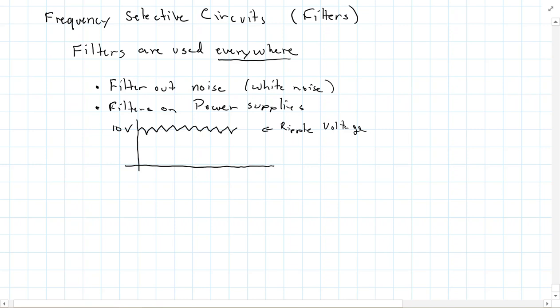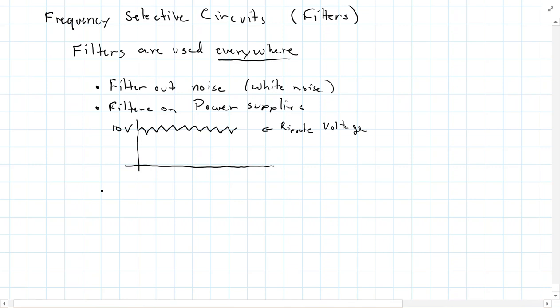And sometimes, depending on your circuit, it's critical that you maintain the 10 volts as opposed to fluctuate up, and it might only be fluctuating between 10.1 and 9.9, or even smaller than that. And so the ripple voltage might be okay, but it might not be. And so one way to take care of this is you add filters to the power supply.